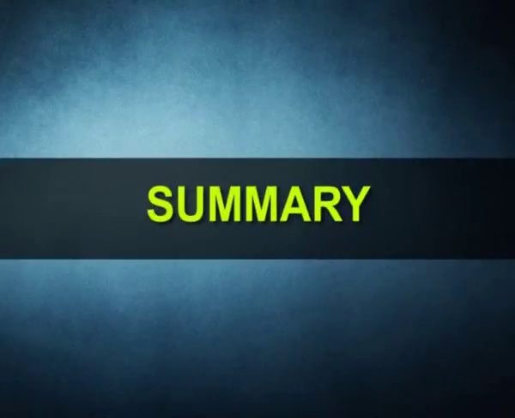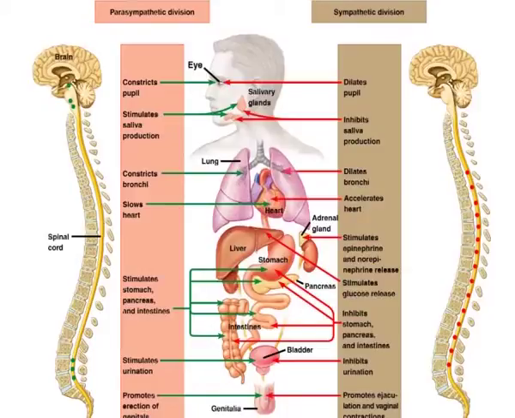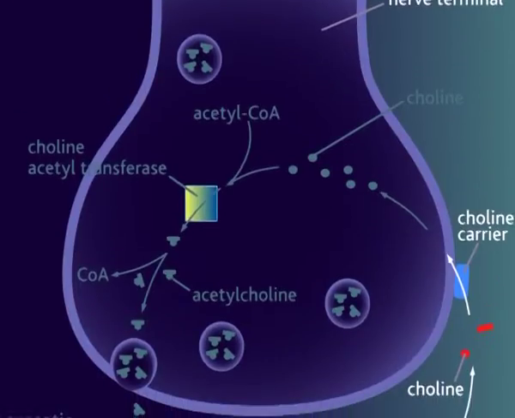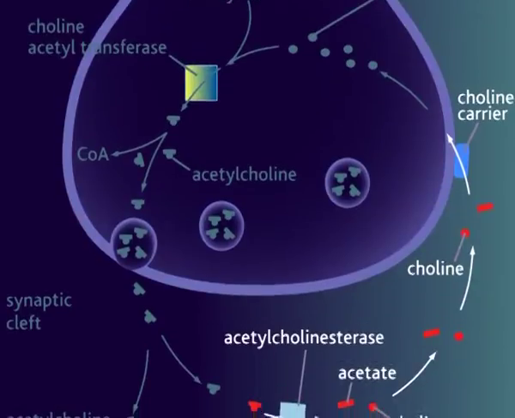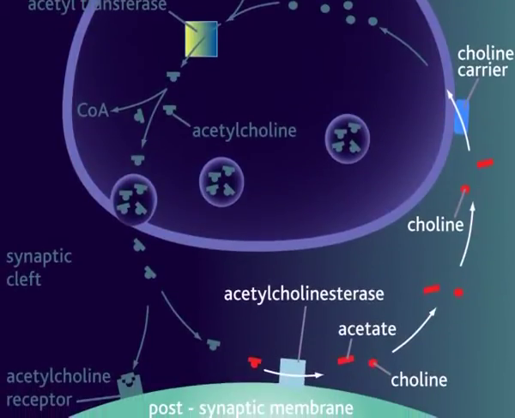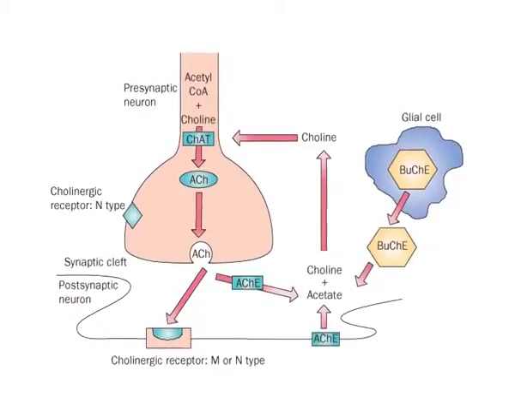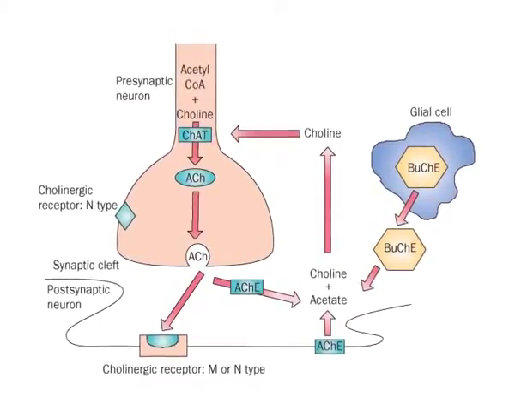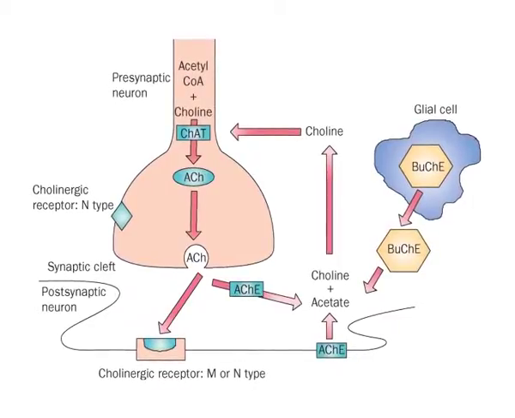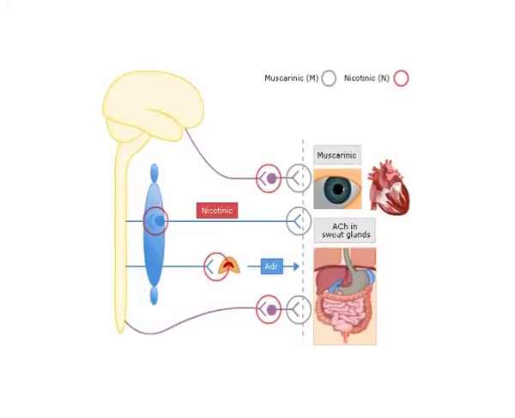Summary. The autonomic nervous system is composed of two divisions, the sympathetic and parasympathetic nervous systems. Acetylcholine is the neurotransmitter of the parasympathetic nervous system, produced from choline with acetyl coenzyme A. This acetylcholine is synthesized in synaptic vesicles and released at the neuronal junction, where it binds with receptors and produces its effects.